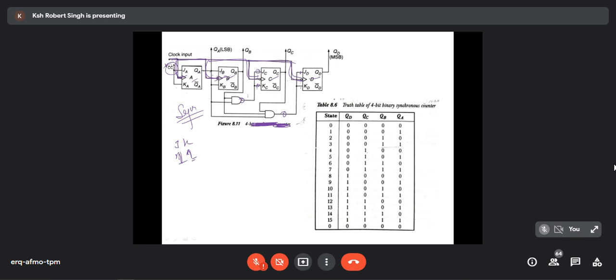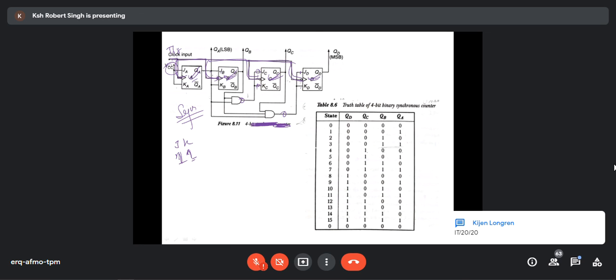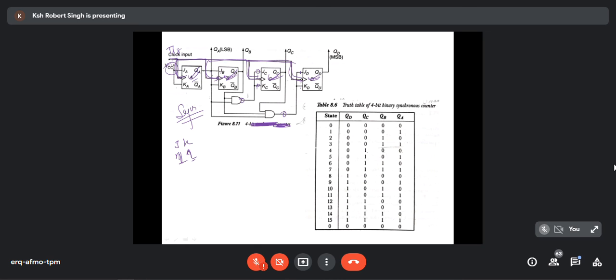The clock just says tick, 1 tick. The same tick sound will be received by all the flip-flops. So all the flip-flops should perform parallelly. That is what I want to say.